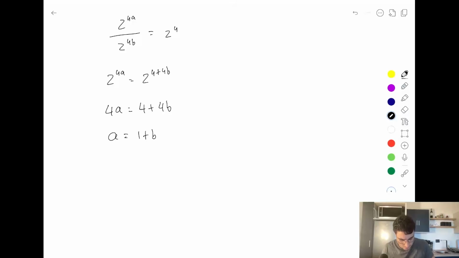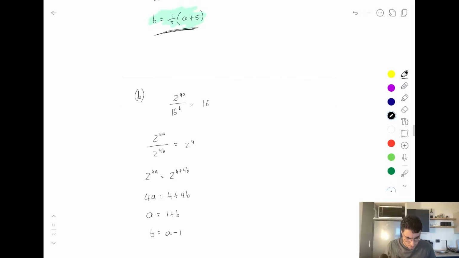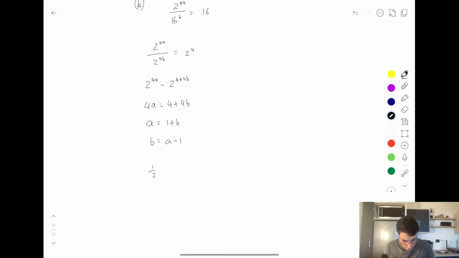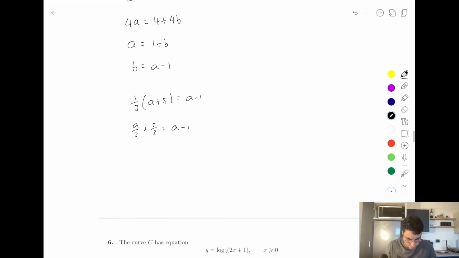So a is equal to 1 plus b. B is equal to a minus 1. So therefore, I can say that a third a plus 5 is equal to a minus 1. A over 3 plus 5 over 3 is equal to a minus 1.